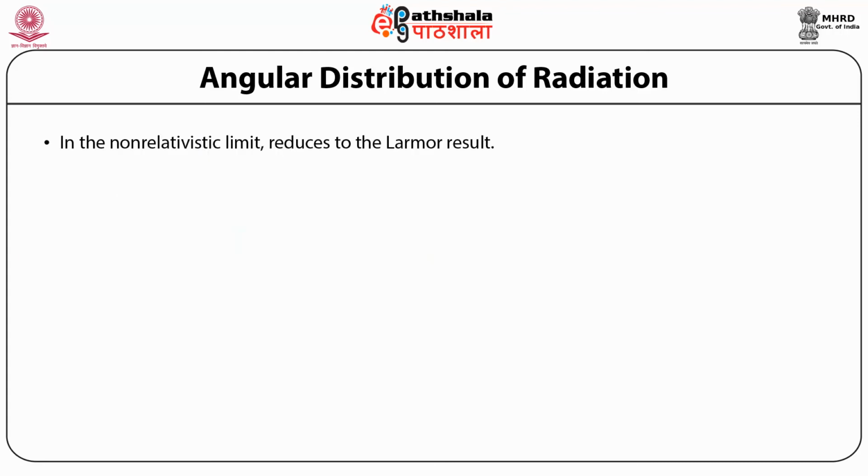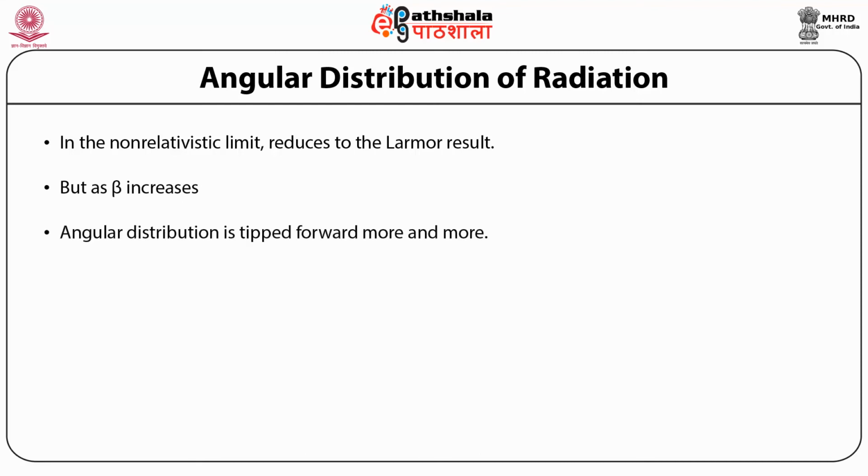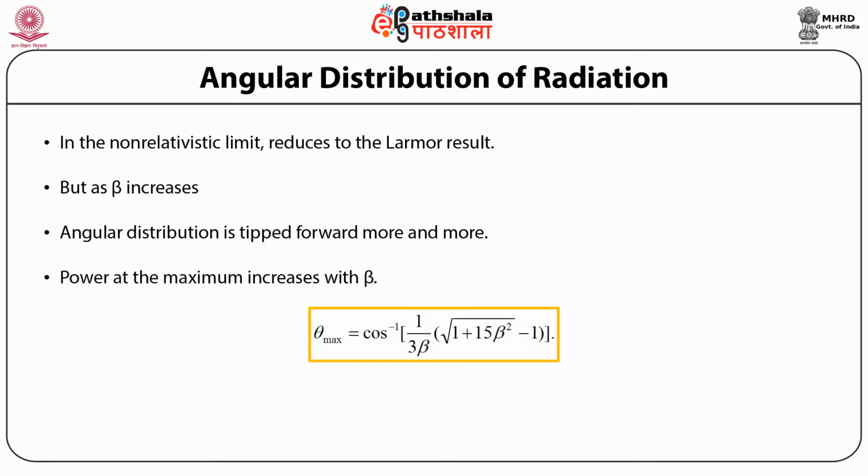In the non-relativistic limit, that is beta much less than 1, this reduces to Larmor's result, but as beta increases, the angular distribution is tipped forward more and more, and at the maximum, the power increases in magnitude. The angle at which the intensity is maximum can be obtained by differentiating the above equation and equating to 0.